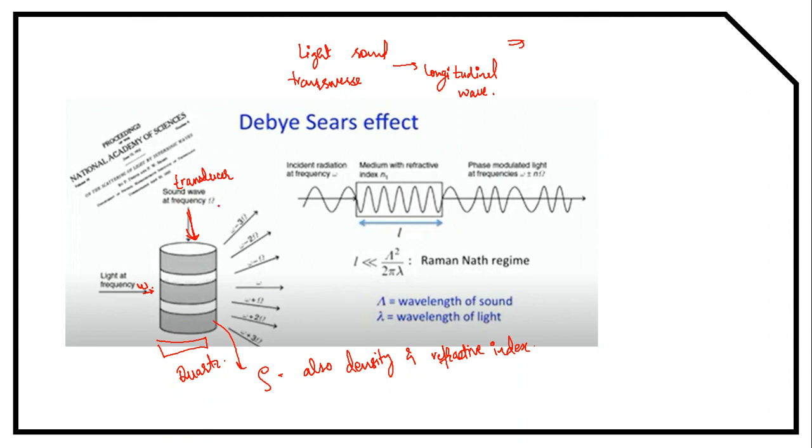See, how does the sound wave propagate? It propagates by compression and relaxation. Compression and relaxation occur simultaneously in the medium because of the propagation of sound waves.